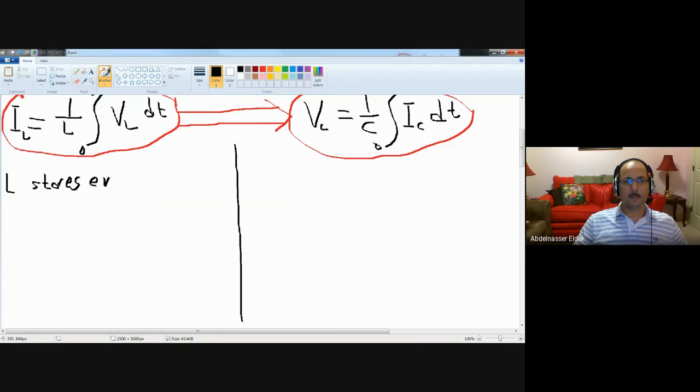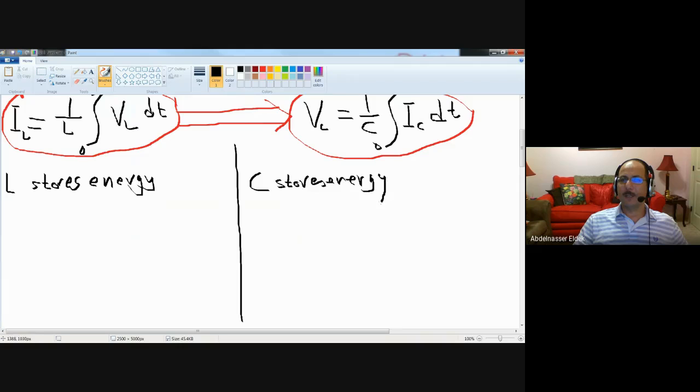Actually, both of them. The capacitor also stores energy. So these two elements are used to store energy.